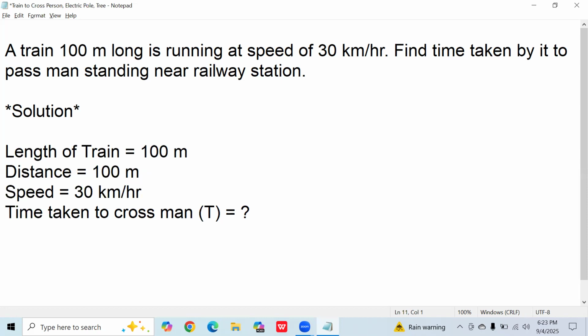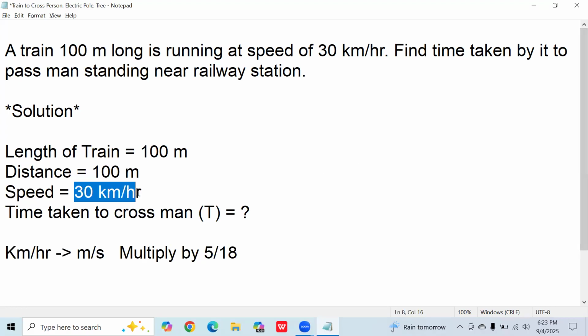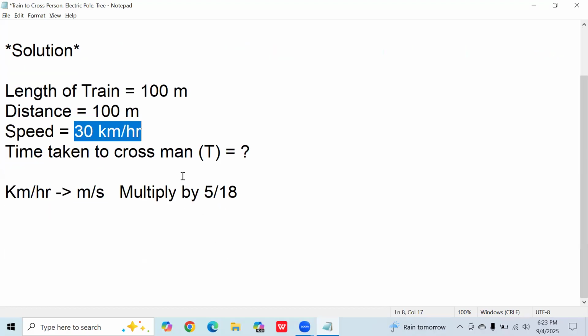For converting any speed from kilometer per hour to meter per second, you just need to multiply it by 5 by 18. Whichever the speed is in kilometer per hour, if you multiply by 5 by 18, we will get that speed converted into meter per second. So let's convert this speed, 30 kilometer per hour, by multiplying 5 upon 18.